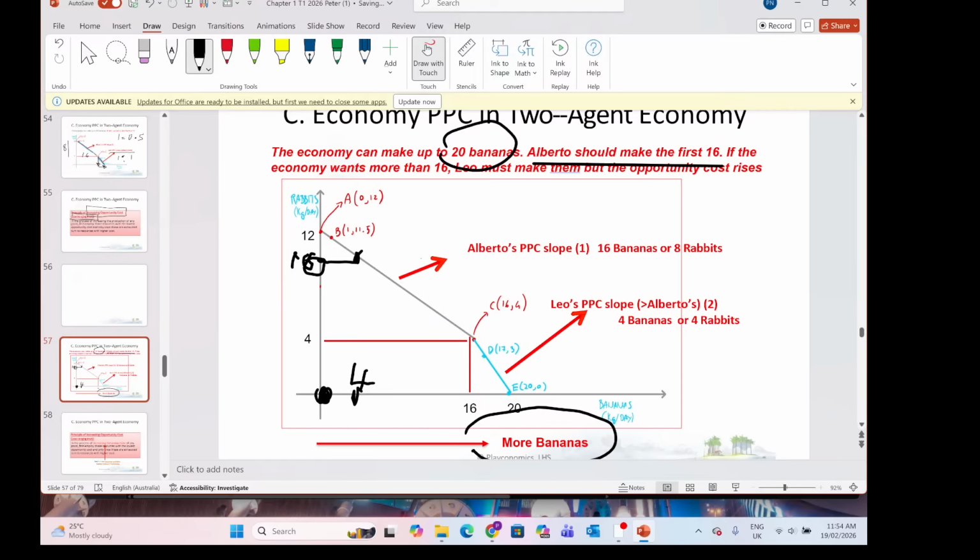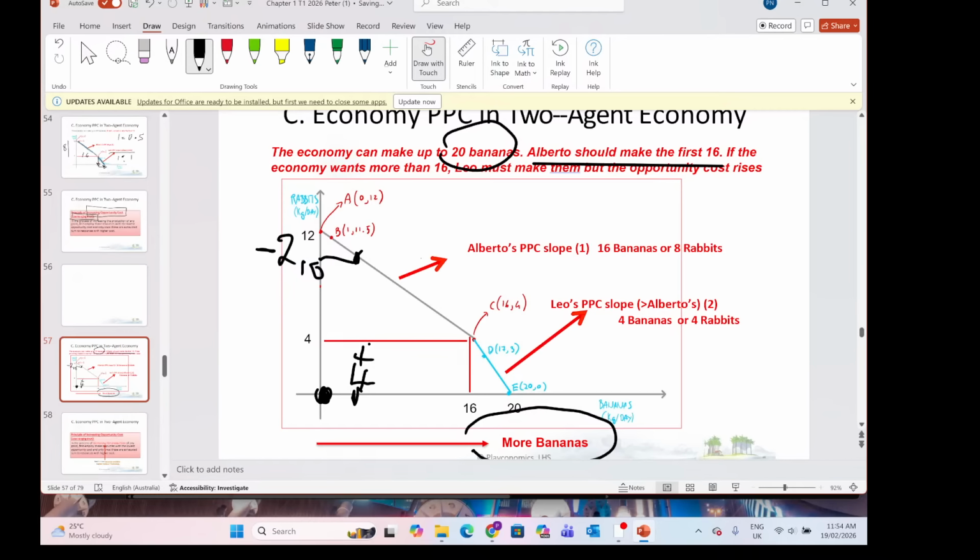That's a 10, and the difference there, I'll clean both these up. The difference, we've gained 4 rabbits, right? That's the gain, and the cost. Sorry, we've gained 4 bananas. The cost is 2. So that's the cost. We've given up 2 rabbits to gain 4 bananas.